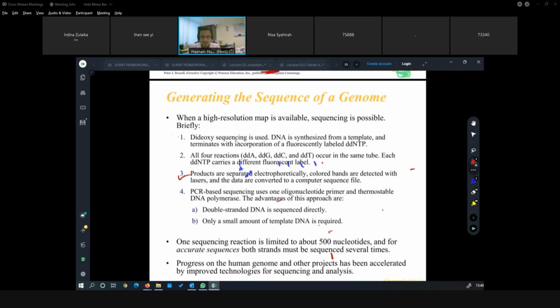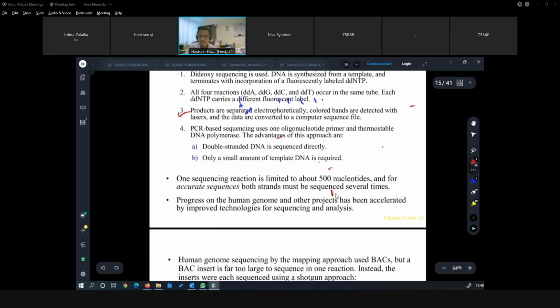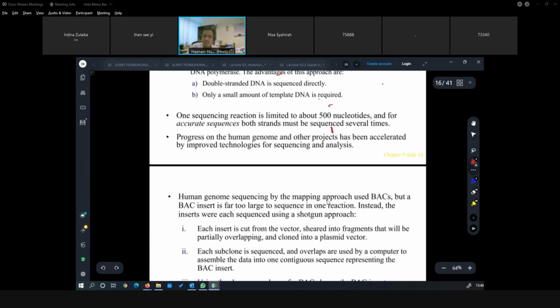So they developed technology whereby instead of one reaction determining 500, it increased to 1,000, and then 10,000. Eventually, one reaction can do millions nowadays. So that is how progress has been ongoing for quite some time already. Improved technology, improved sequencing.